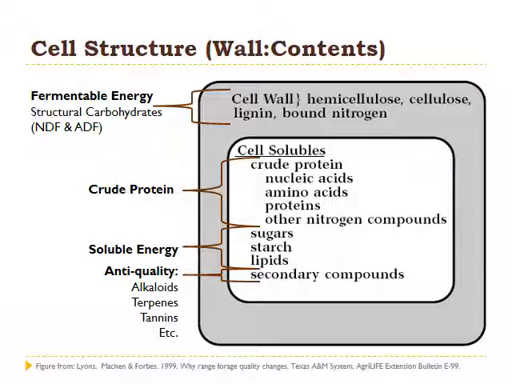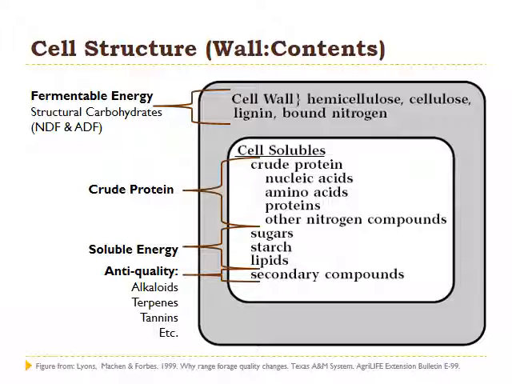Inside the cell solubles, we have crude protein, which would include nucleic acids, amino acids, proteins, non-protein nitrogens, and other nitrogenous compounds. And sugars or starches or lipids would all be fractions of soluble energy. And then finally, those secondary compounds which we'll talk about later, such as alkaloids, terpenes, tannins, etc., are often and usually found in the cell solubles or the cell contents also.